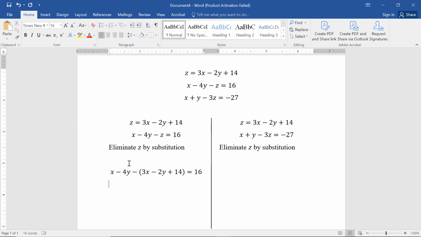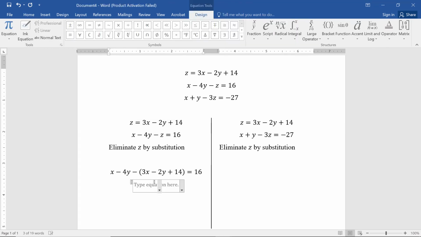I'll clean that up a little bit. When you distribute your negative sign, you get negative 3x plus 2y minus 14 equals 16. Then I'll combine like terms and also add 14 to both sides.